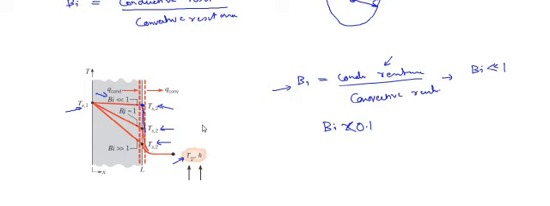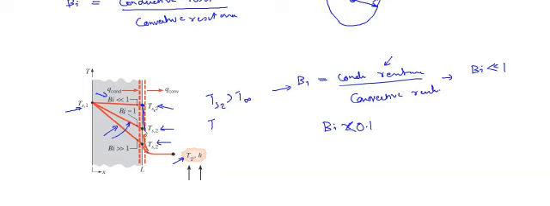That is the reason why we have convective heat transfer to the surroundings, from Ts to T infinity. So Ts2 is much greater than T infinity, and in this case also Ts2 is much greater than T infinity, and here also Ts2 is greater than T infinity, but not that much. So in this case and this case, we cannot take the lumped heat transfer approach.